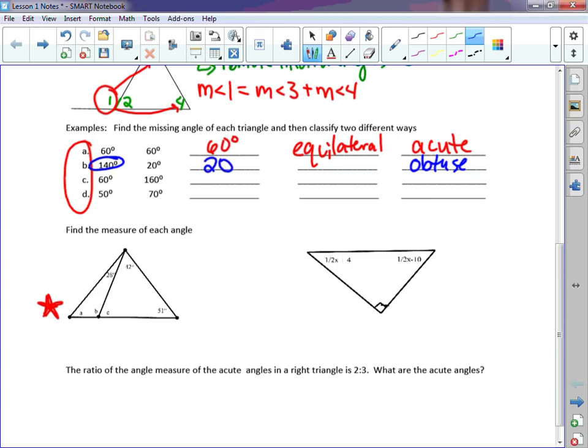What type of triangle is it based on its sides? Isosceles. How did you know that? Good. Two of my angles are the same, and we're kind of foreshadowing what we're going to be learning a little bit later. Since two of my angles are the same, the sides opposite will be the same. Good.